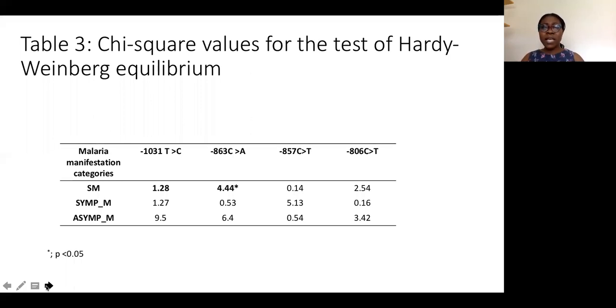And what we found out here is that there is one particular single nucleotide polymorphism in the severe malaria group, which is the 863 mutation from cytosine to adenine. It actually deviates from the Hardy-Weinberg equilibrium. So the implication of this is that there are some factors naturally that are impacting on this gene, and that is causing the overexpression of tumor necrosis factor in children with severe malaria.